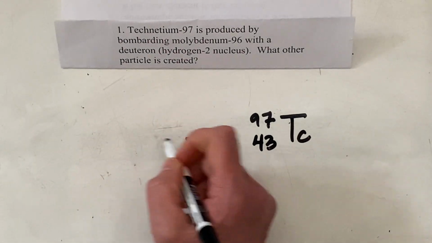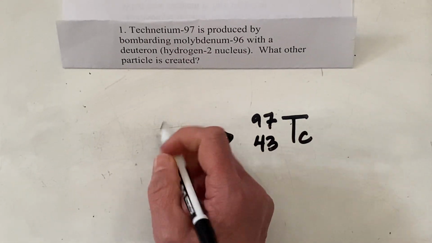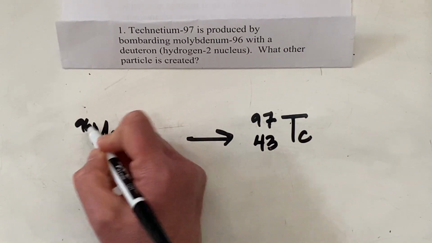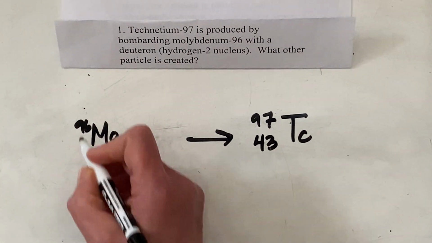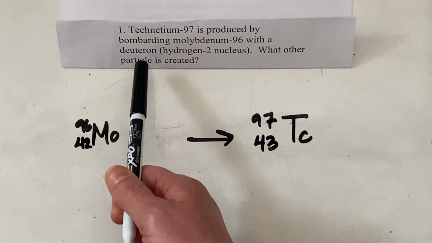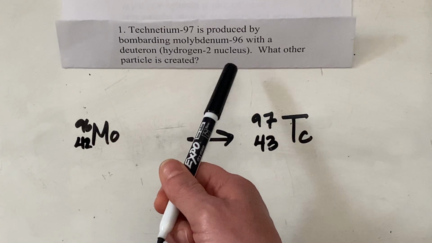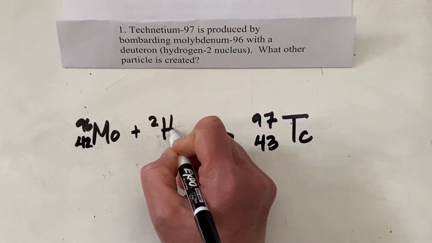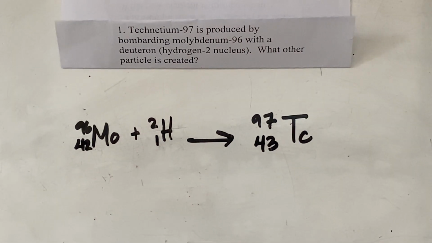So we're going to go ahead and put MO 96. The atomic number for that is 42. And it says that that's bombarded with a deuteron, which is a hydrogen 2 nucleus. So we have a 2 for our mass number. Our atomic number for hydrogen is 1.